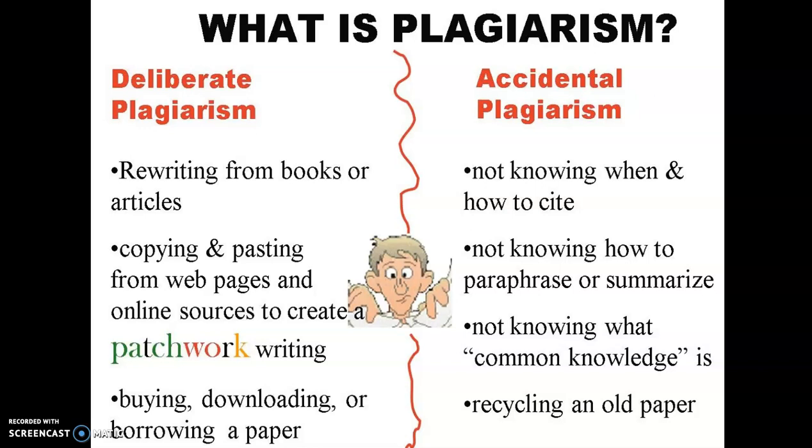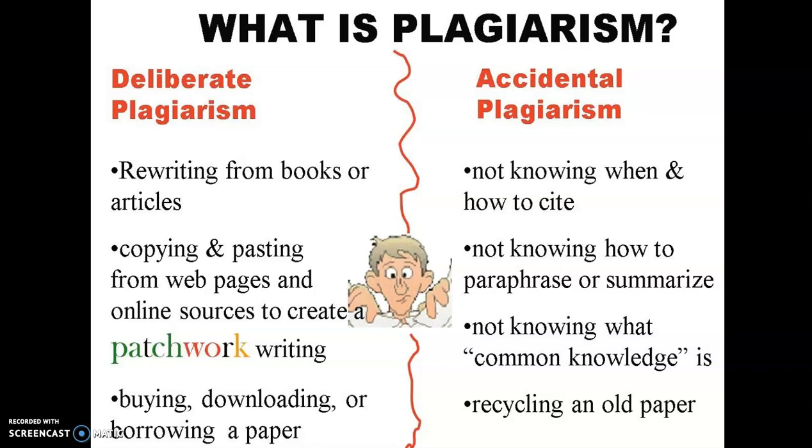However, there's a lot of accidental plagiarism, in that you didn't even know you were plagiarizing because you weren't doing it right. If you don't know how to quote a source or put a direct quote into quotation marks, if you don't know how to cite a paper, in other words, if you don't know MLA or APA or one of the other systems and use it consistently throughout your paper properly, then you're still plagiarizing, even when you didn't mean to.